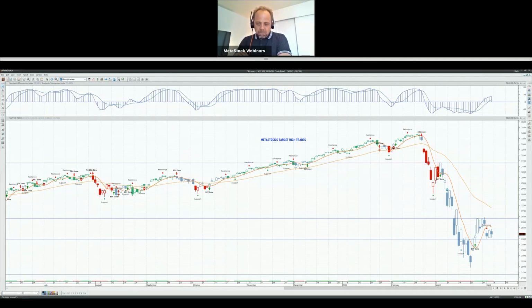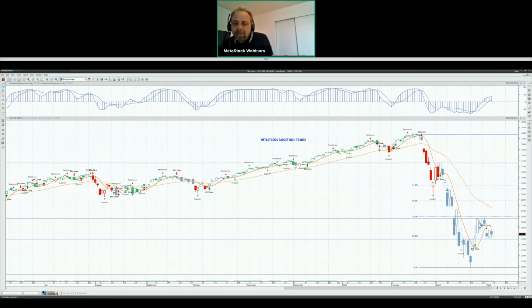All right, so here we are. This formation, see the 38.2? This is the exact formation. I noticed it bounced off that level.